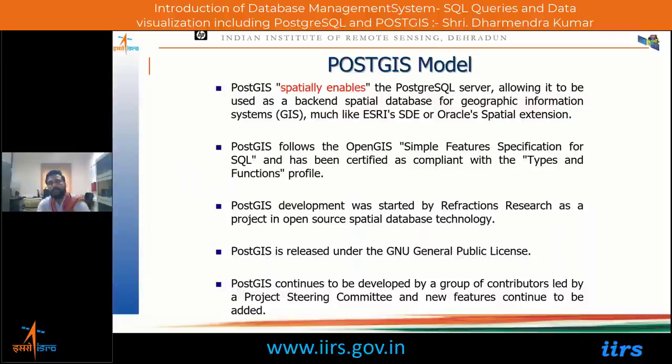PostGIS is specially enabled, meaning the database is enabled to work with spatial data sets, which we have just explained. In the PostGIS model, we use PostgreSQL, which is SQL like MySQL, but it has features to store spatial data.